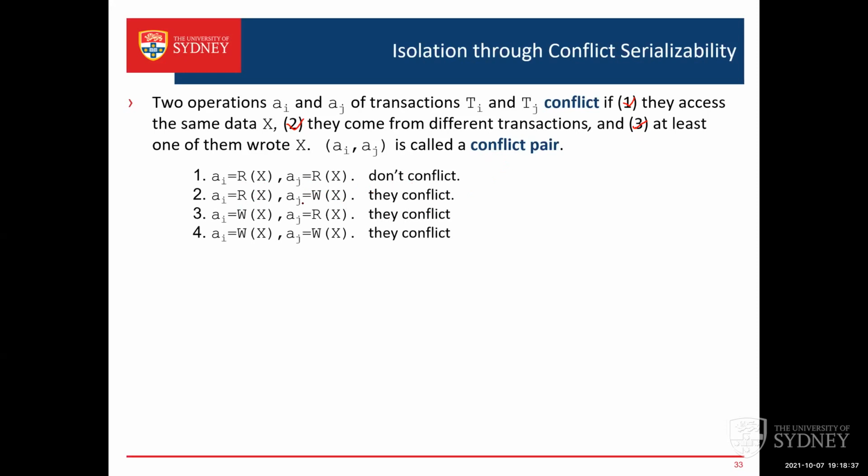If there is read and write, they conflict. Write and read, they conflict. Write and write, they conflict. Providing that Ti and Tj are not equal, they are different transactions.